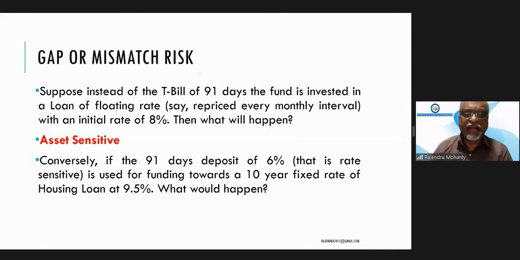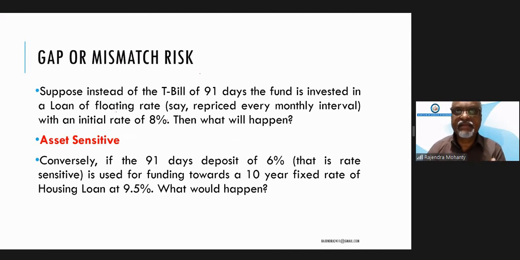Now alternately, if the 91 day deposit of 6%, which is rate sensitive, is used for funding a 10-year fixed rate housing loan of 9.5%, what would happen, and what does this mean? Here, see, the loan interest is fixed, but the deposit interest is floating, changing.